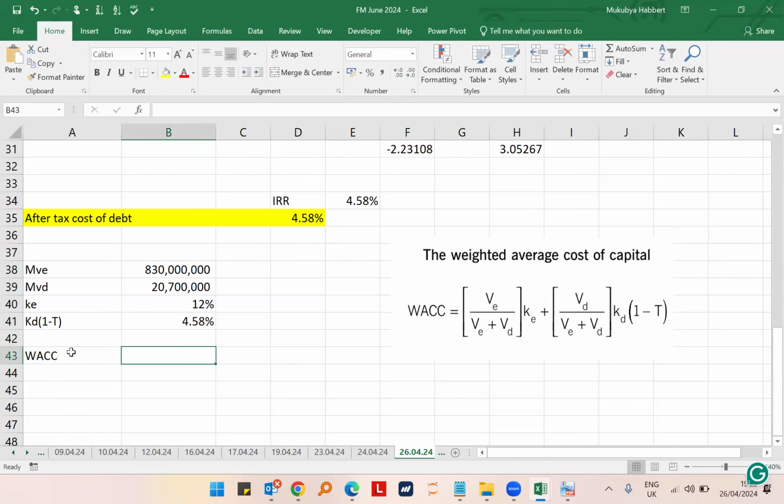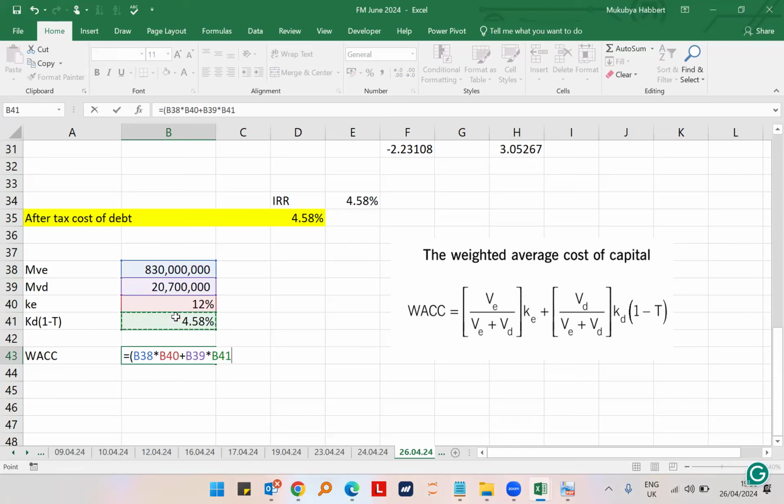It's given as value of equity multiplied by KE divided by value of equity plus value of debt, plus value of debt multiplied by KD(1 minus T) divided by value of equity plus value of debt.